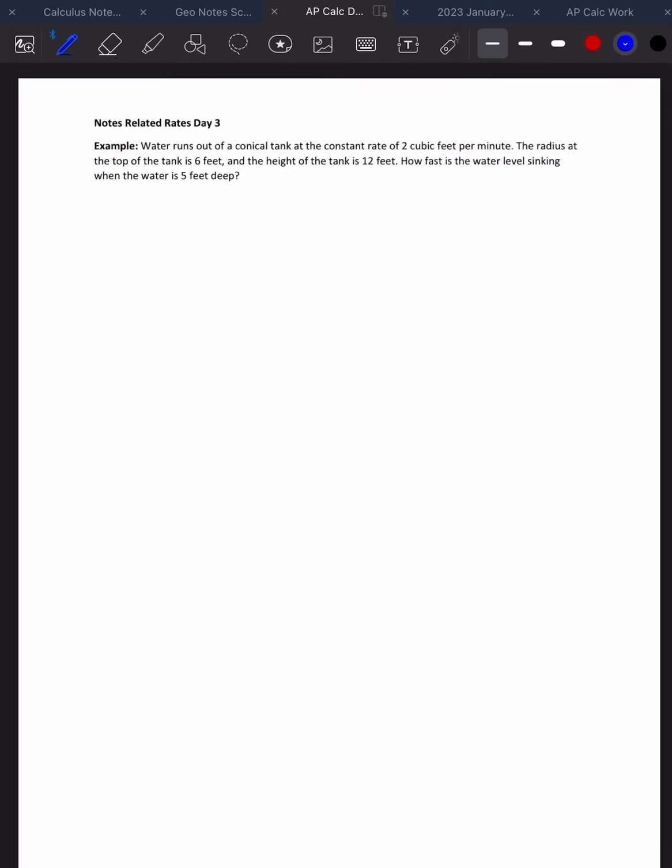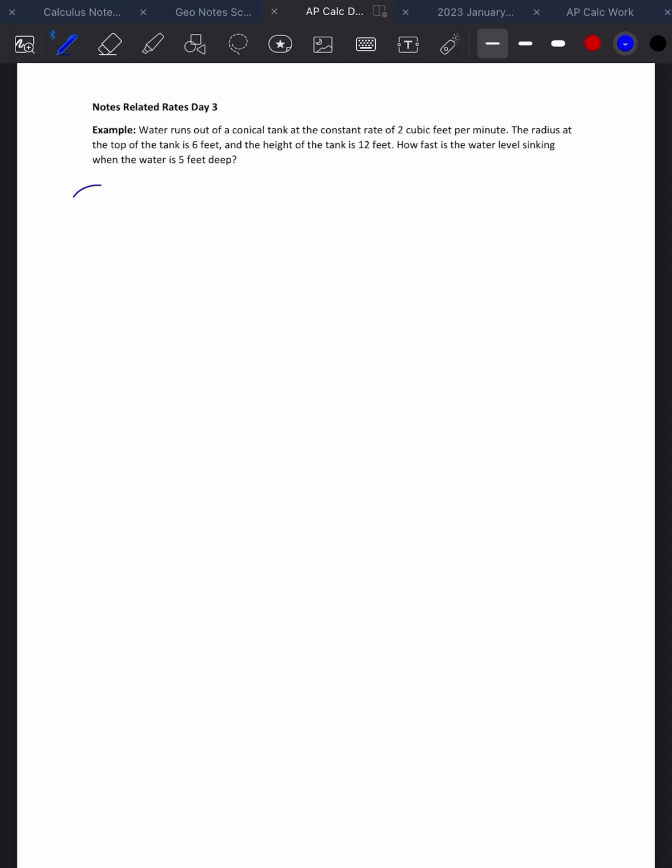So the first thing we're going to do is draw a cone. So we have something that looks like this. I know water is running out of this at 2 feet cubed per minute.